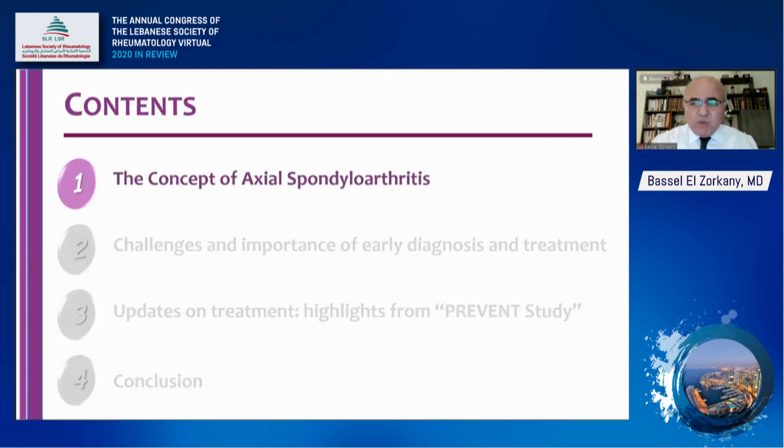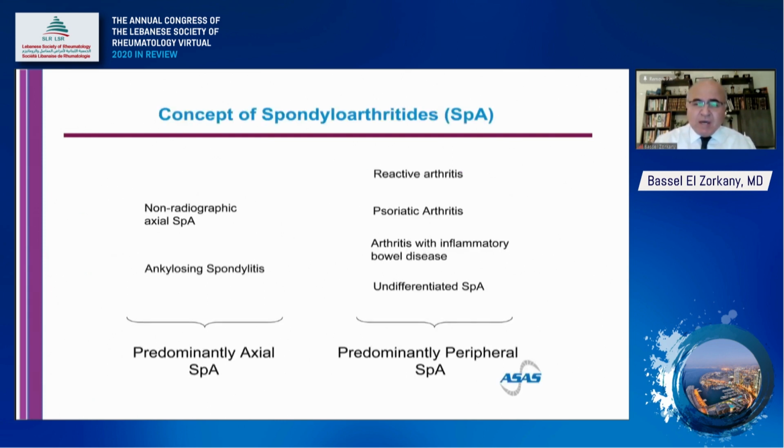So to start with, I will cover the concept of axial spondyloarthritis to remind you that it is a group of interrelated disorders that share common clinical features, both musculoskeletal and extramusculoskeletal, commonly in the eye, in the skin, in the intestine. When the manifestations affect predominantly the peripheral skeleton, we call them predominantly peripheral spondyloarthritis.